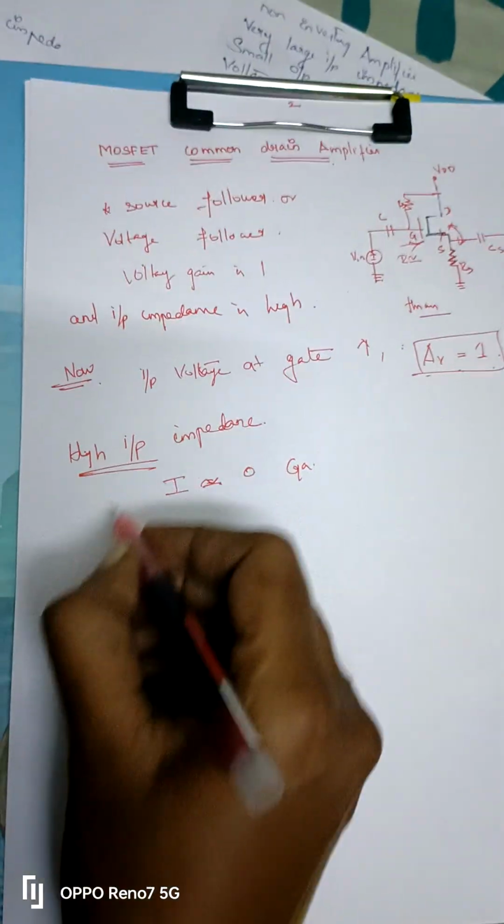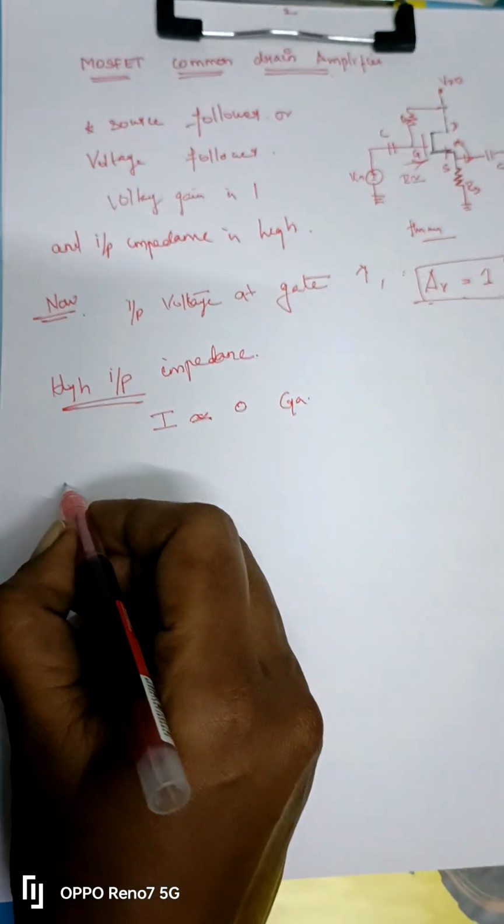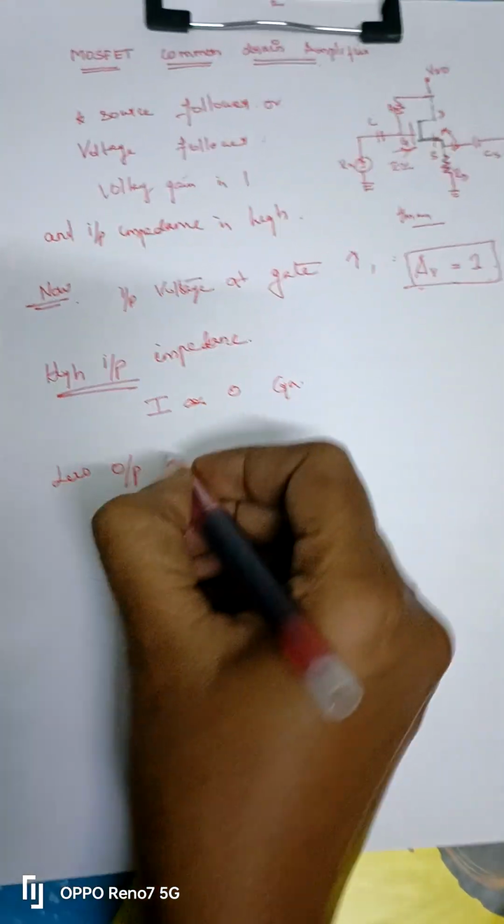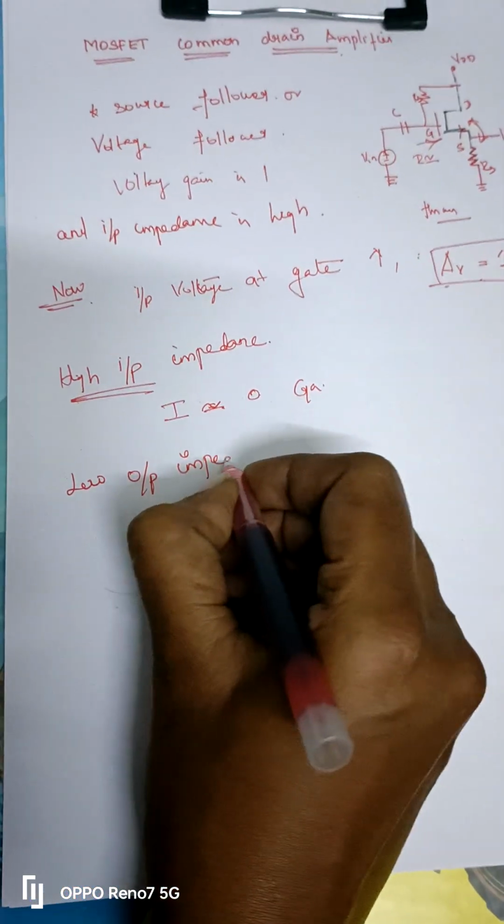We have completed the high input impedance, but now we are going to discuss the low output impedance.